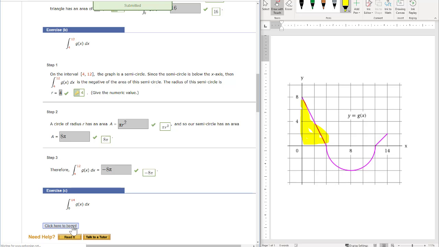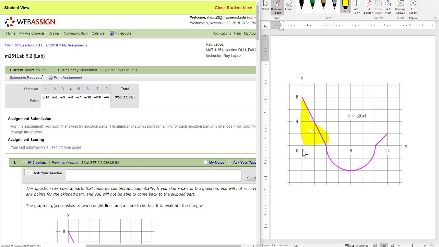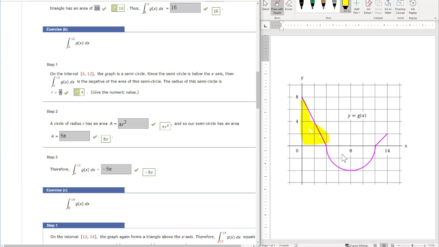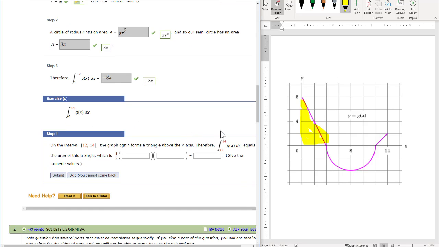Okay. Now the integral from 0 to 14. We found the area from 0 to 4 and from 4 to 12. So now the area from 12 to 14 is going to be another triangle.